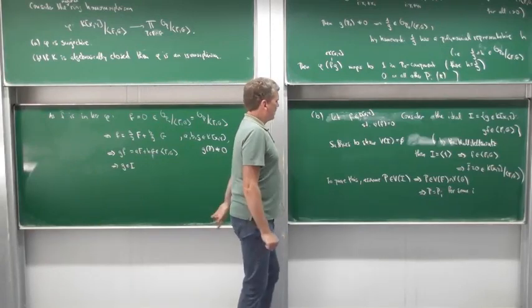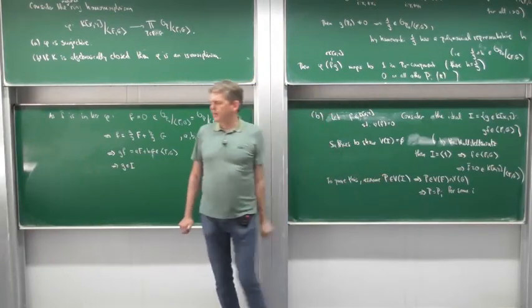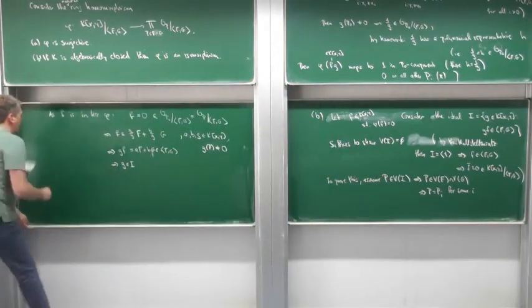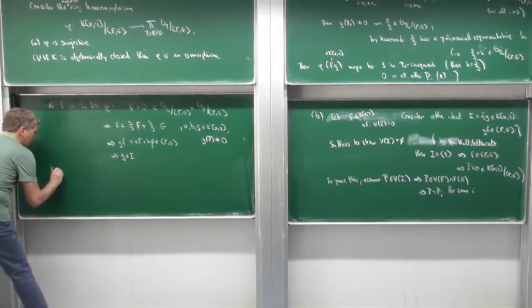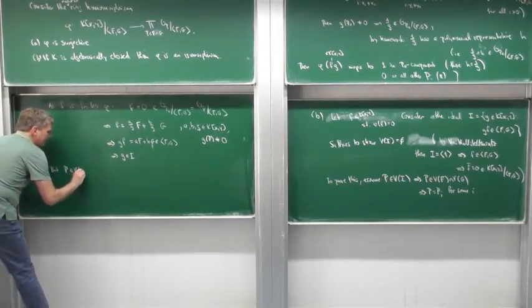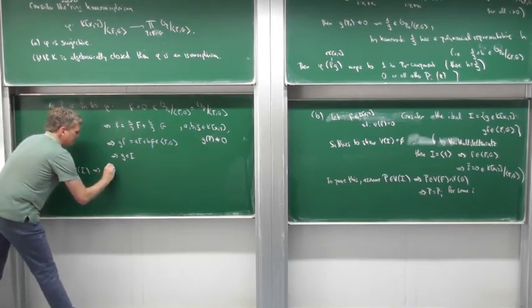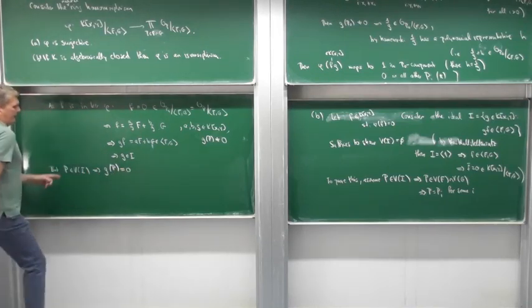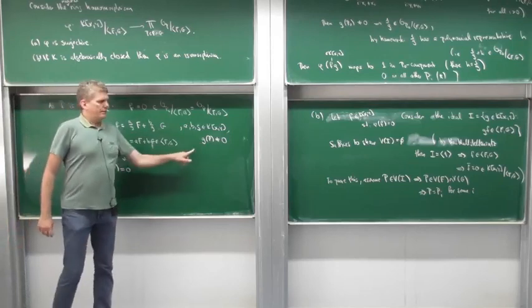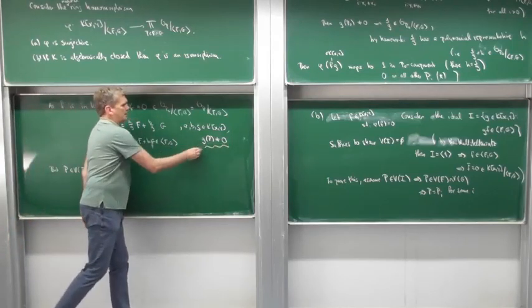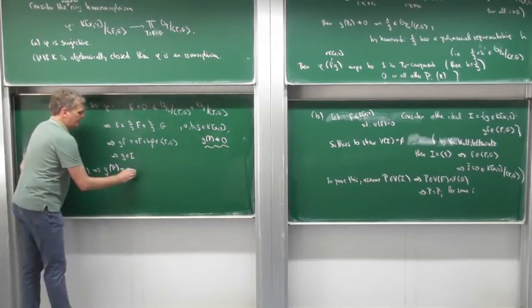But now this doesn't work, because we have a point P that's in the zero locus of the ideal. P is in V of I, and if G is in there, it means that G of P is equal to 0. And that is a contradiction to it being non-zero. Here we have it's not 0, here we have it is 0.